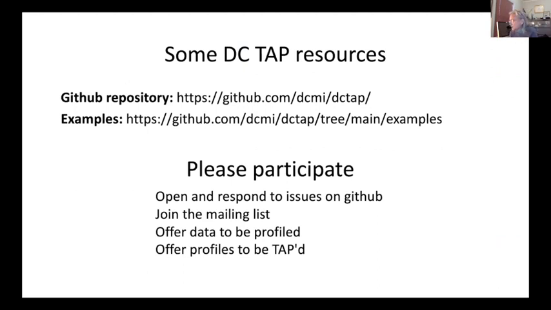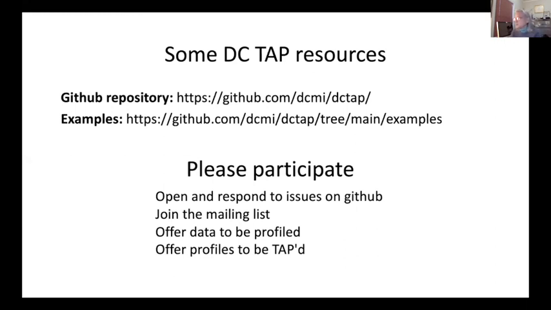They're made up examples for the most part, but we do have some examples in the GitHub repo. We would like to have many more examples, both of profiles and data that we can play with as a way of testing out what we've done. A greater variety would help us move this forward.